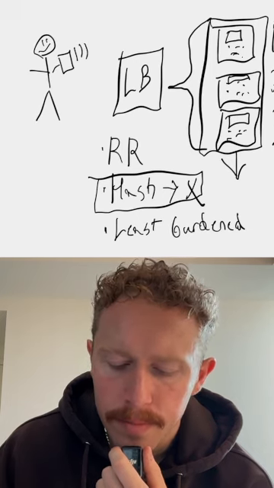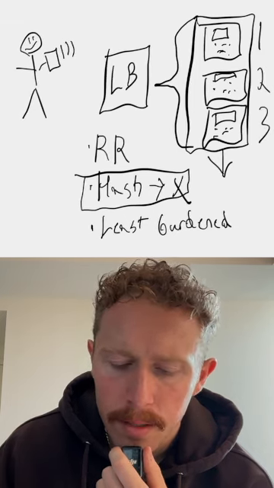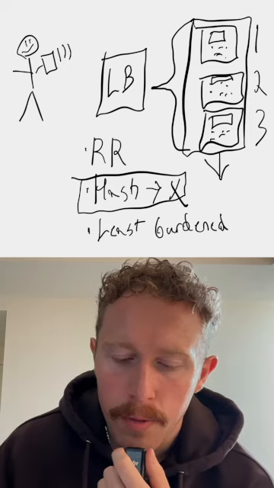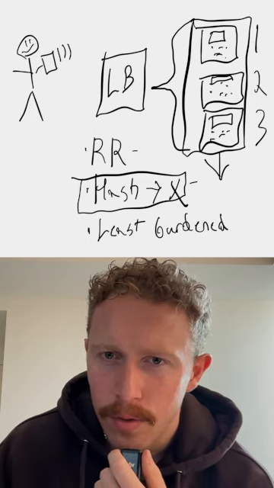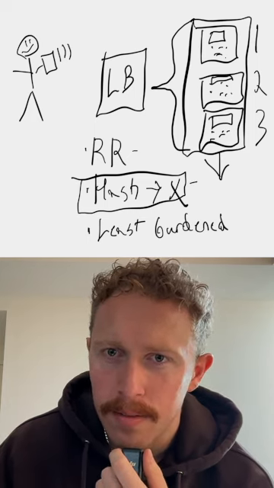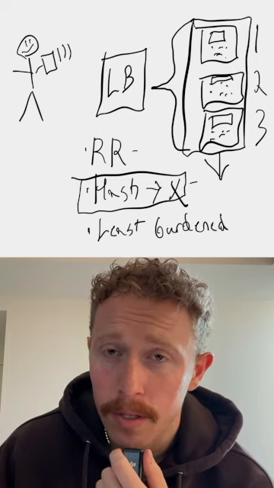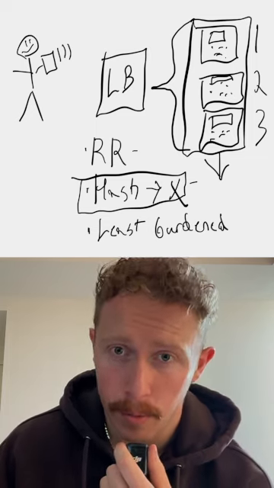But I would say I don't really see least burden used that much, because if you have either one of these going, you should probably not have one computer significantly serving requests. All right.